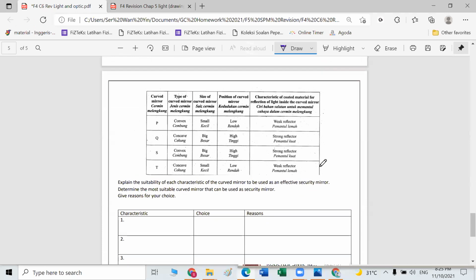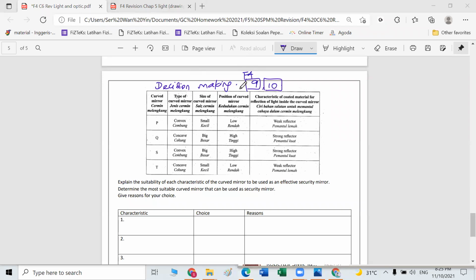Then how to choose? This is called decision making. In the exam, decision making questions got 2, which is number 9 and number 10. You choose one of them. 9 would be a Form 4 topic. 10 would be a Form 5 topic.